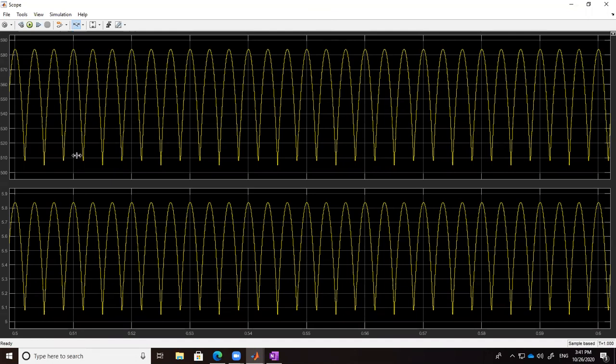Now for 50 hertz, what is the time period of one fundamental cycle? Please submit your response in the chat section. For a 50 hertz fundamental waveform, what is the time period? I hope you understand my question.